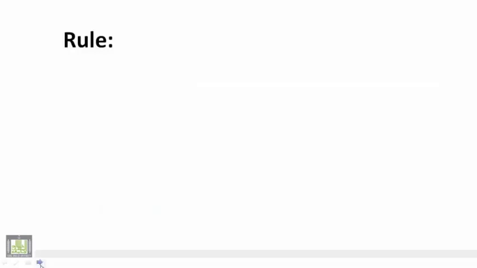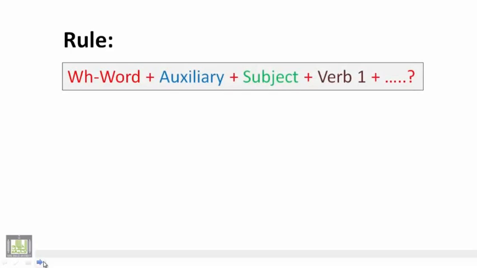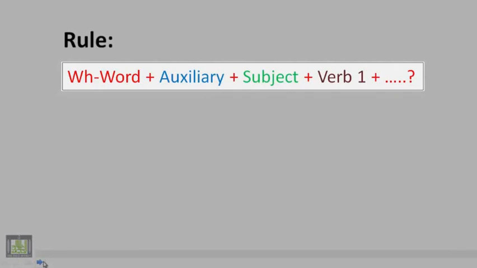Okay? The rule, القاعدة, that we use to form such type of questions, القاعدة التي نستخدمها لصياغة هذا النوع من الأسئلة, is the same as we had previously. هي نفس القاعدة التي كنا قد مررنا بها سابقا في هذا الدرس, but we start here with the WH word, not the auxiliary.